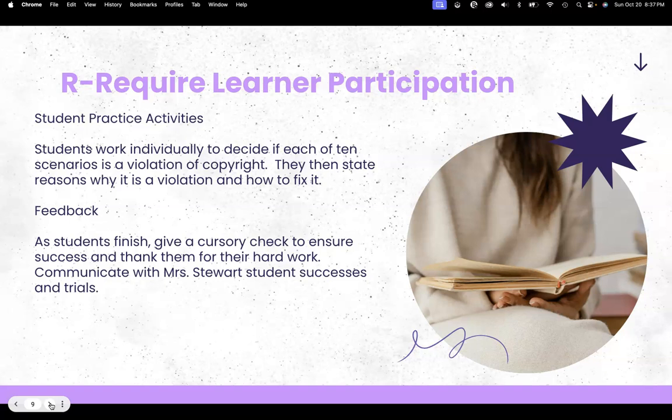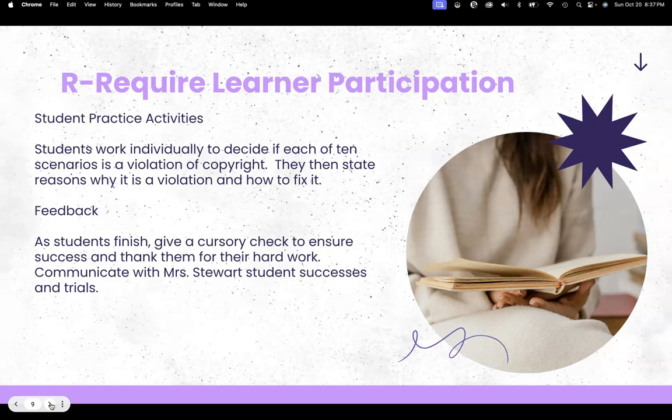The R stands for require learner participation. And so I would do student practice activities, and the students would work individually to decide if each of 10 scenarios is a violation of copyright. Then they state reasons why it's a violation and how to fix it.